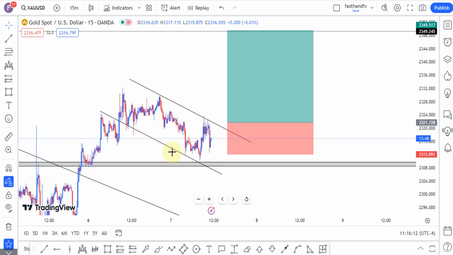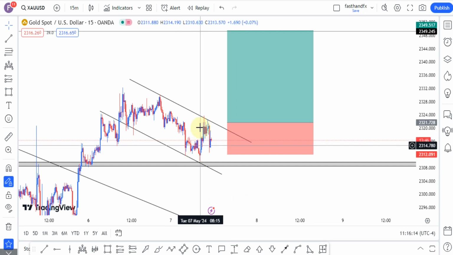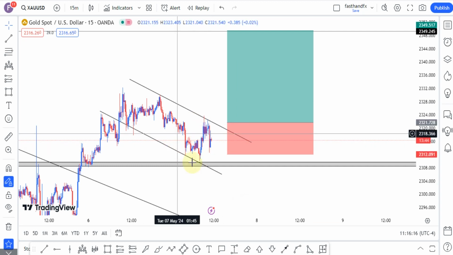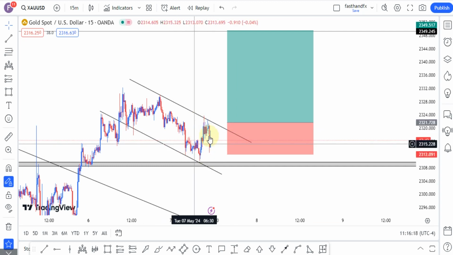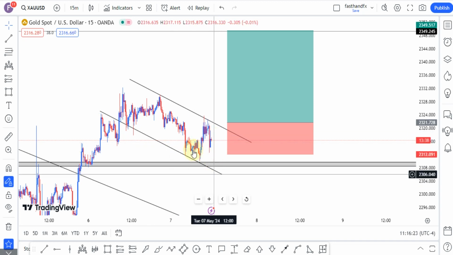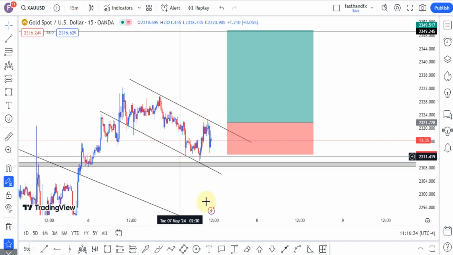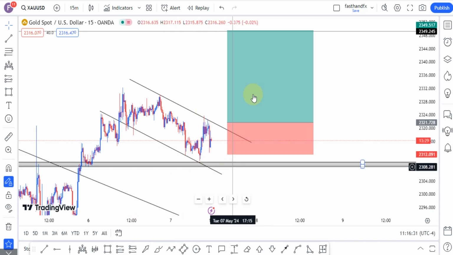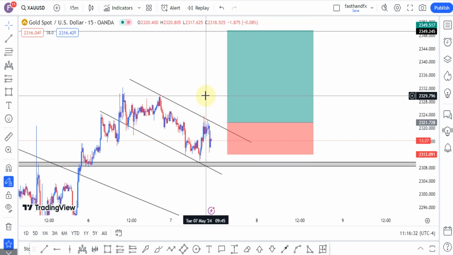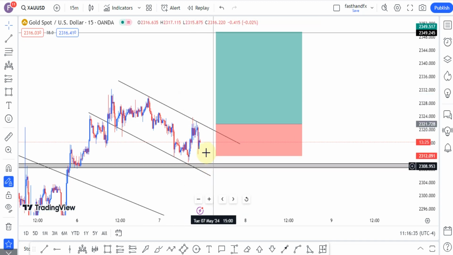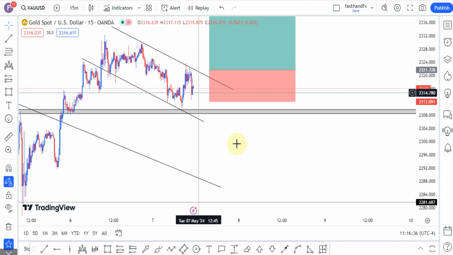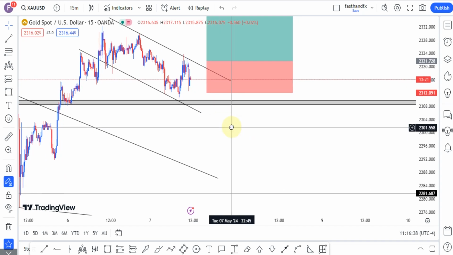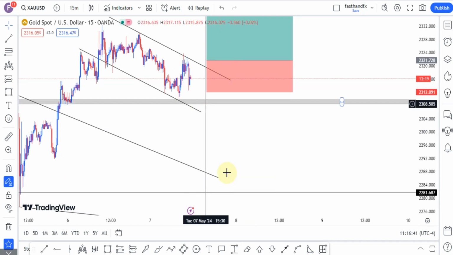So never take entries when the market is still in this area, because you never know, the market might go down because there is nothing stopping it from going down. The market might come down to give us a double bottom down here before it continues pushing upwards, or it might even break below this area and continue pushing downwards.